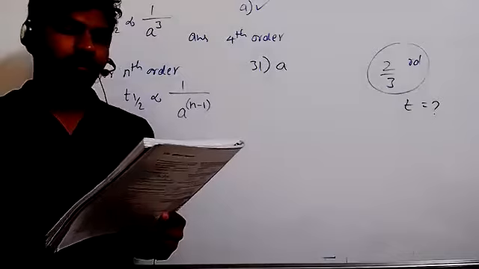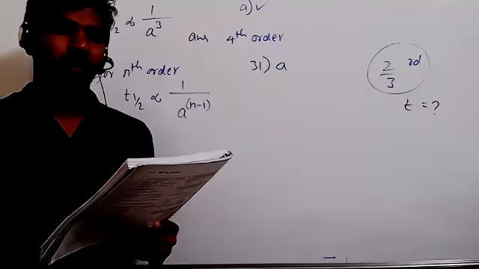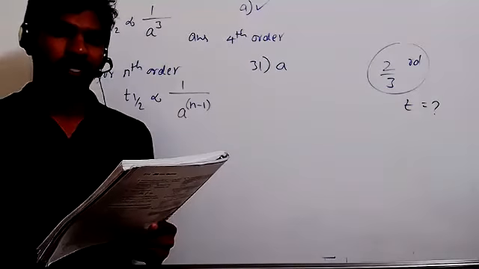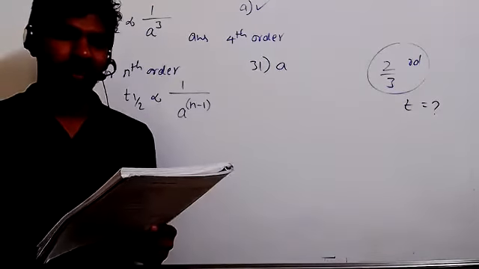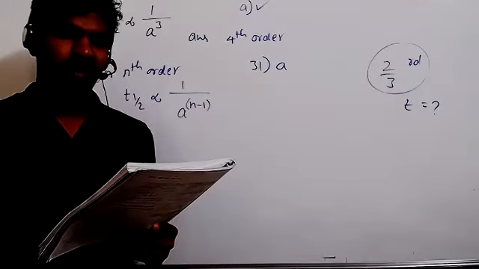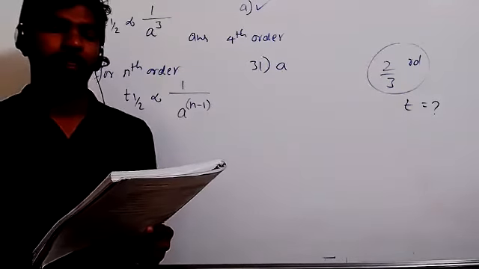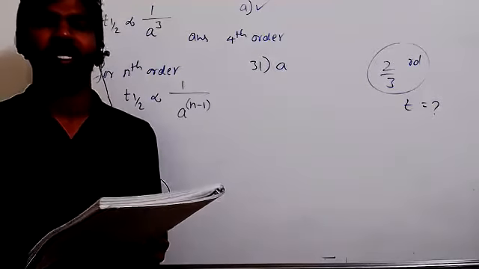Next 32. The inversion of cane sugar into glucose and fructose according to the equation: sucrose plus water gives glucose and fructose, is an example of first order reaction, third order reaction, second order reaction, zero order reaction. This is first order reaction because concentration of water we are taking in large quantity.